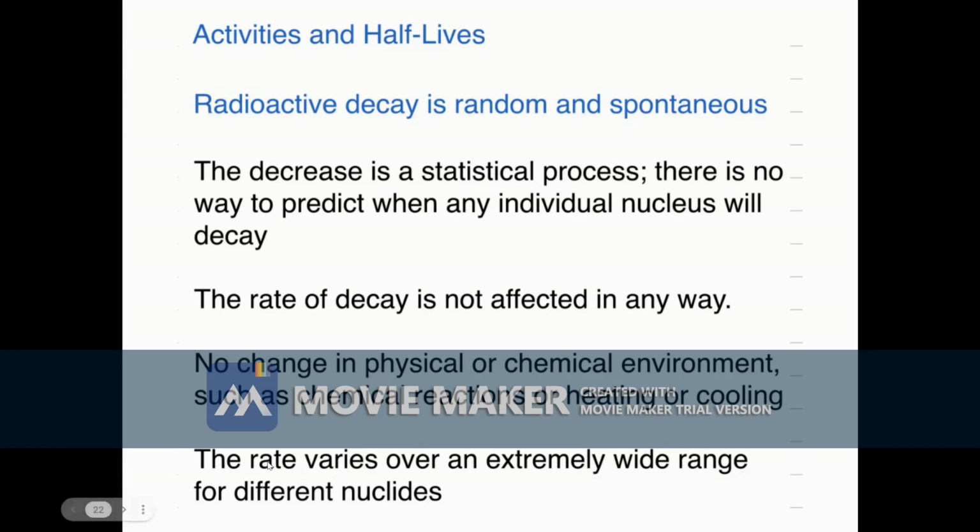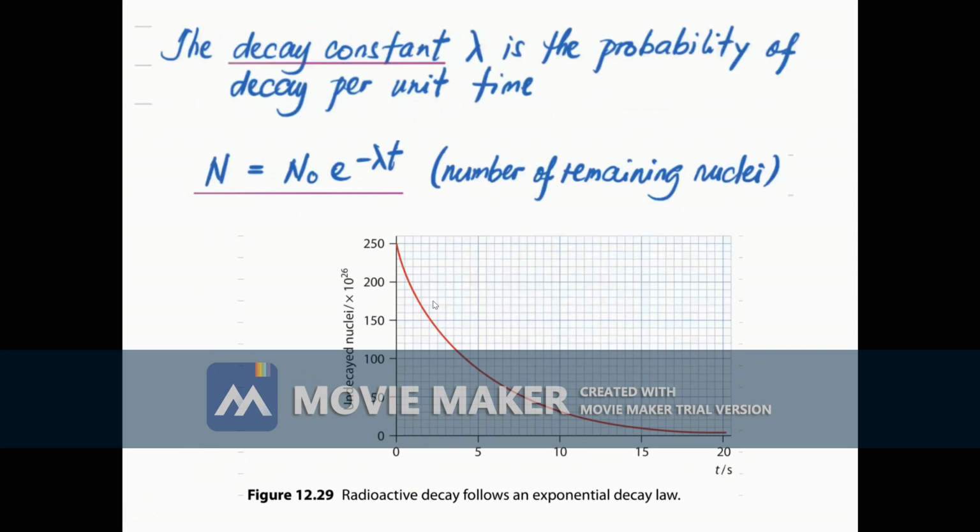For different nuclides, this rate varies over a wide range. The decay constant, lambda, is the probability of decay per unit time.